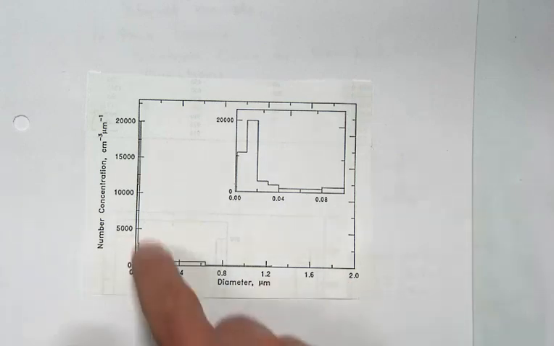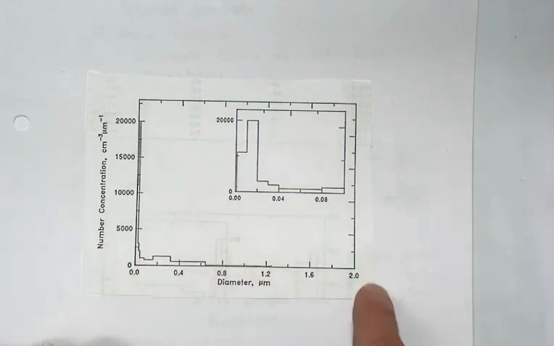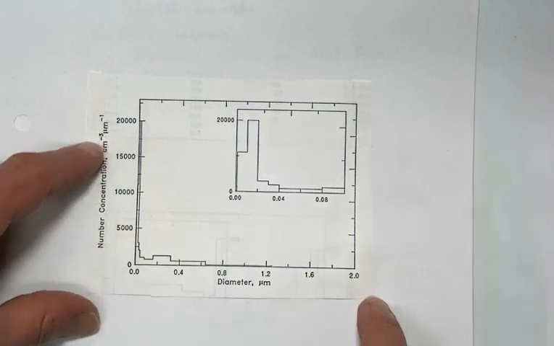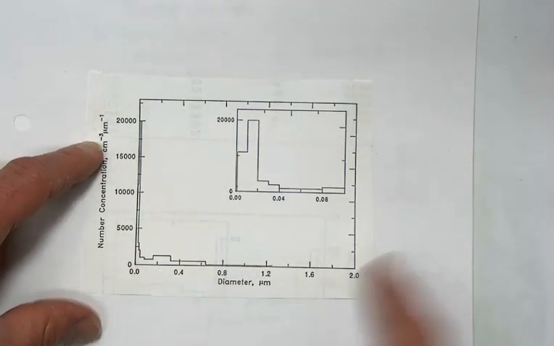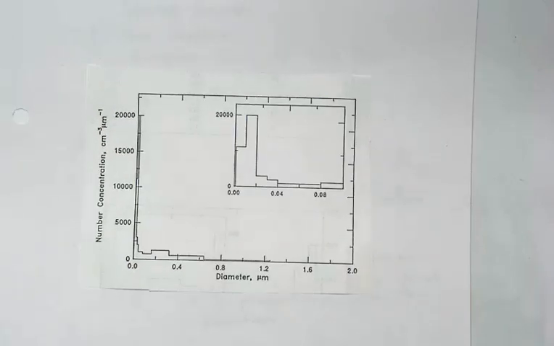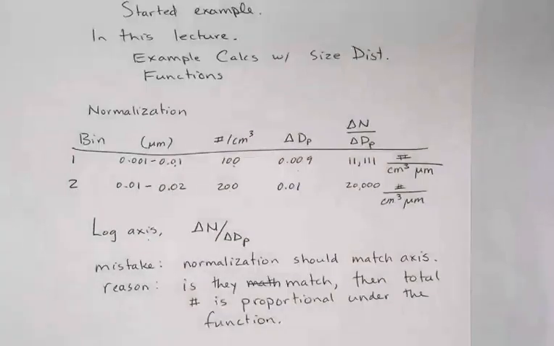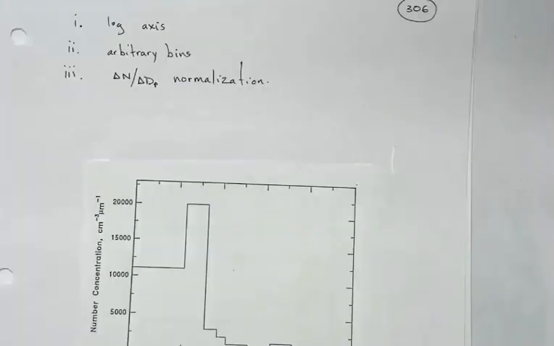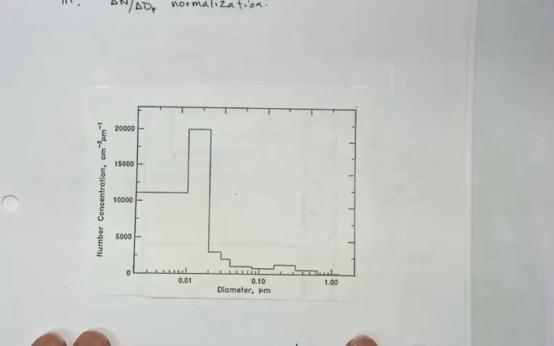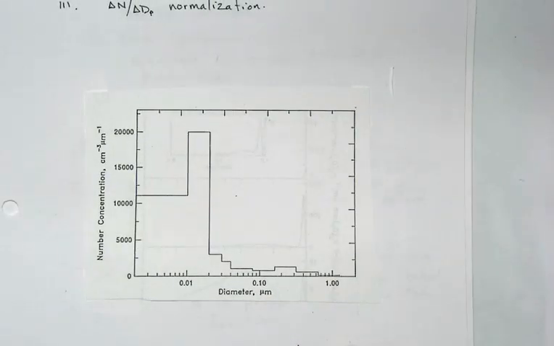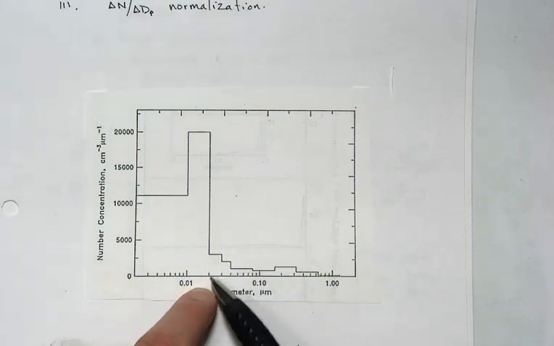You say, well, I can't see what I want to see over here, so let's just do a log axis. Leave the normalization the same, but use a base 10 log axis so that we can see this. If you do that, this is what you get. However, when you see something like this, you'd like to say, okay, that's 20 nanometers.